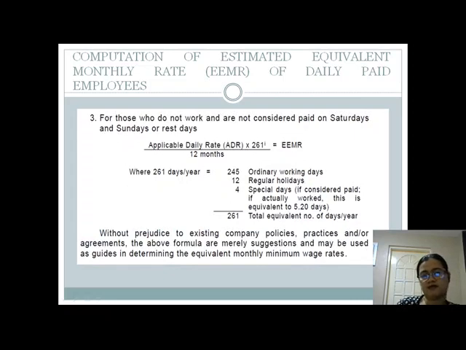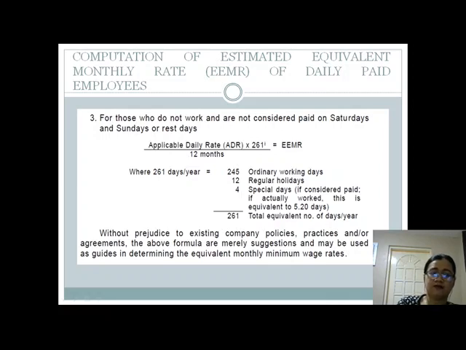Then we also have the 261 scheme or factor for those industries that only work for 5 days a week. The 2 days off are unpaid or not compensable. A specific example for this one is hospital workers, because there's a Magna Carta for healthcare workers which provides that healthcare workers are required to only work for 40 hours a week.